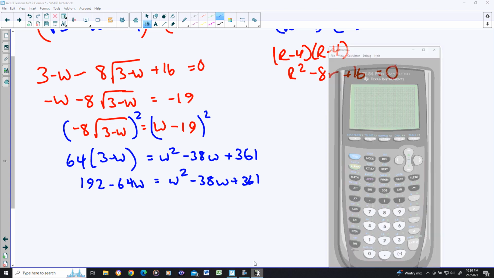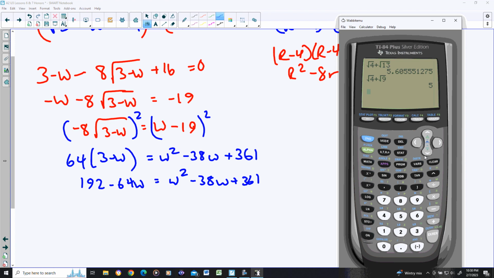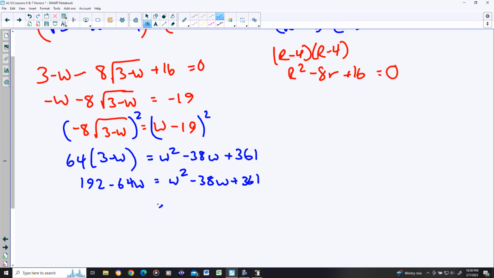I'm going to rely on a calculator now. So, let's see. 361 minus 192. Oh, just subtract 200 and add 8. So 169? Perfect, 169. Hey, that's a perfect square of 13. Good to know.